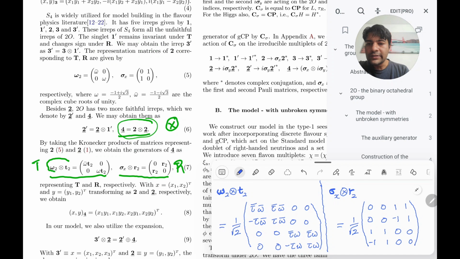This is the Kronecker product of the 2 by 2 matrix bold omega 2 and bold T2, which is nothing but the matrix we used in defining underscore 2. So the Kronecker product is shown here, and this is in fact a 4 by 4 matrix. Its full expansion is shown here.